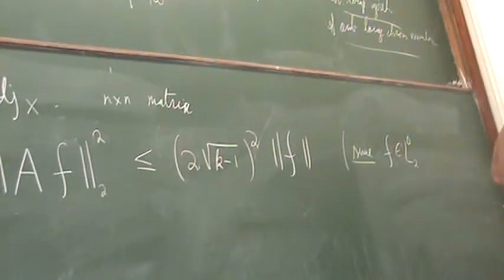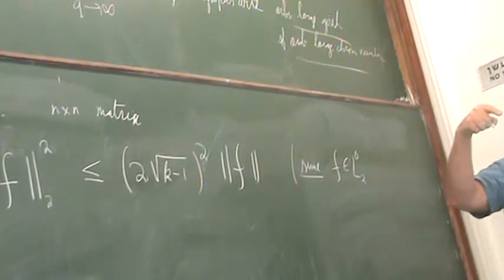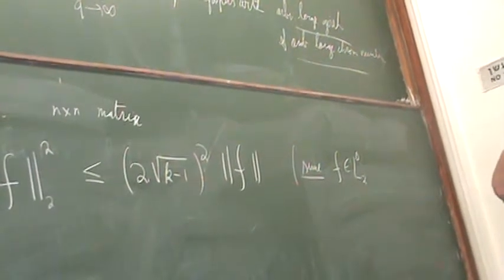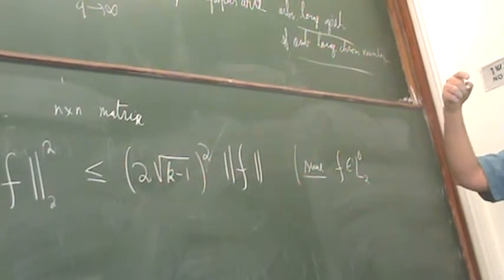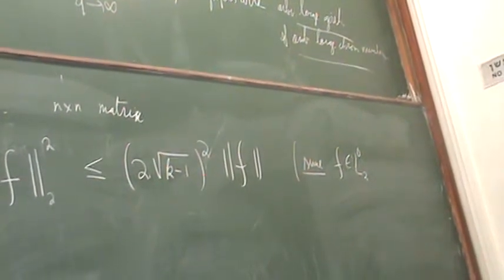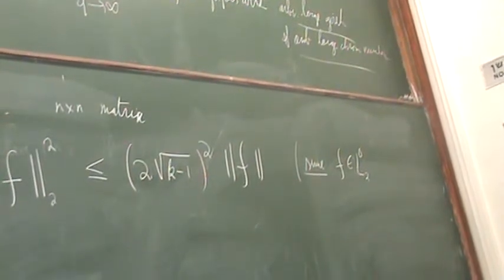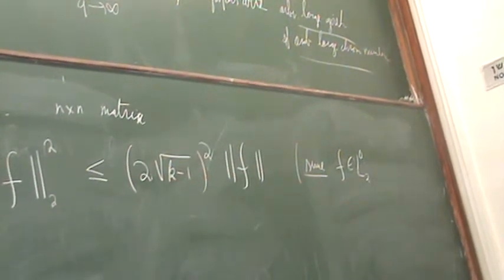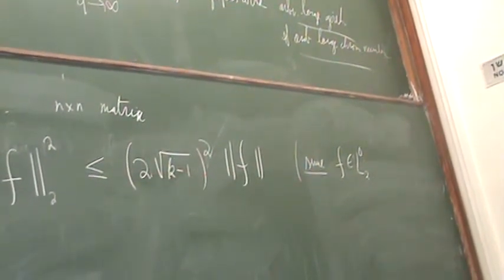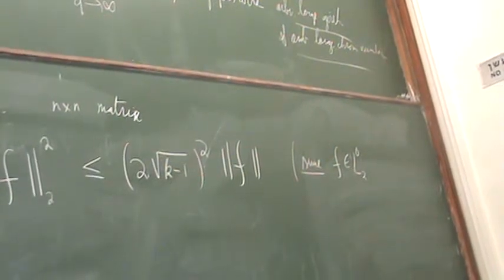On them A acts with an orthonormal basis with respect to the eigenvalues. All the eigenvalues are k, no minus k. There's no minus k. That's very important here. I'm using it now. Eigenvalues are either k or all of them are in absolute value less than 2 square root of k minus 1.